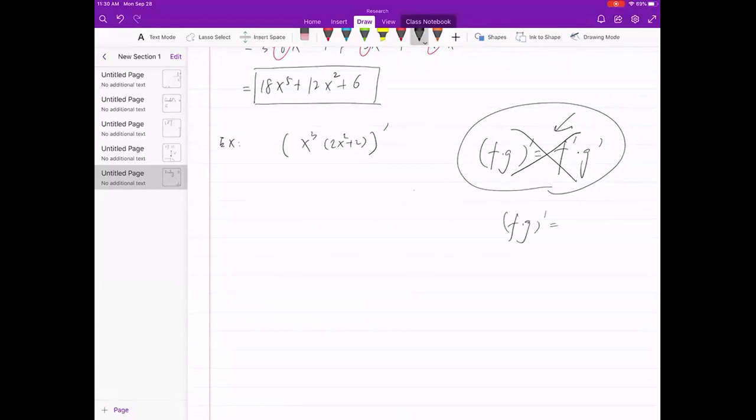And it is not this, because we just tried it with an easy example and it doesn't work. Sounds good? Cool. Then we have no product rule. We cannot do the product. We can only FOIL it out. There's no other way. And then 10x to the fourth plus 6x squared. That's the right answer. And this is wrong.